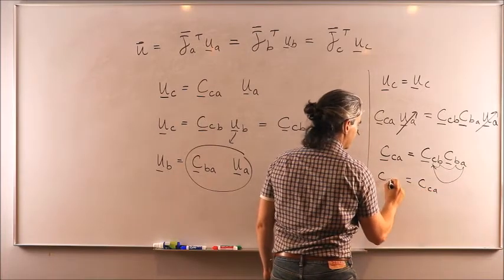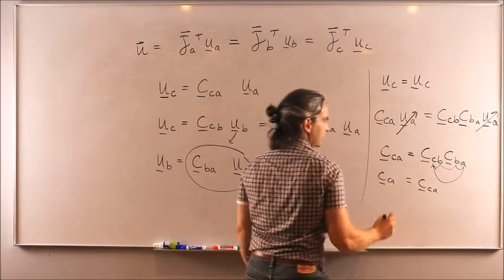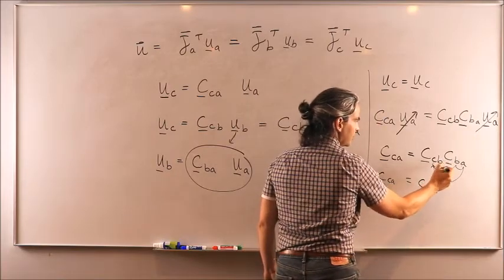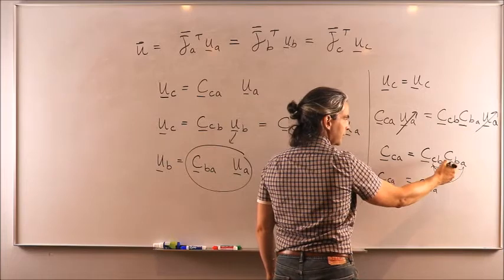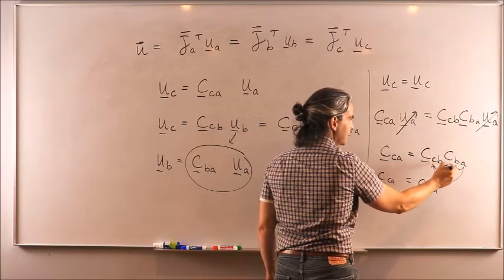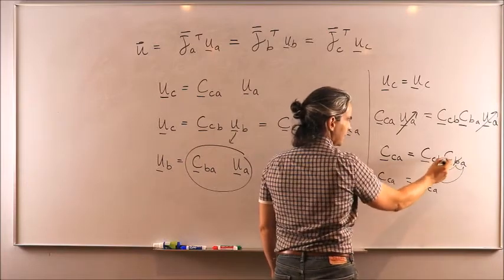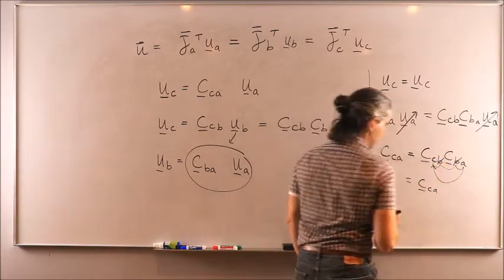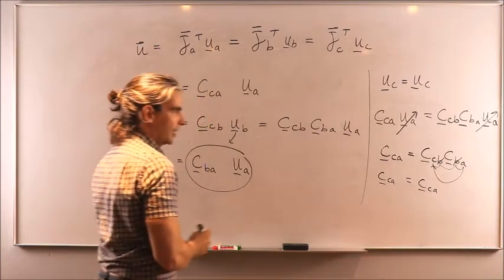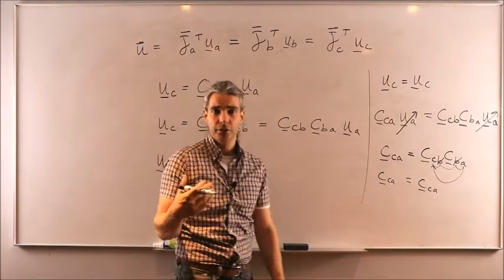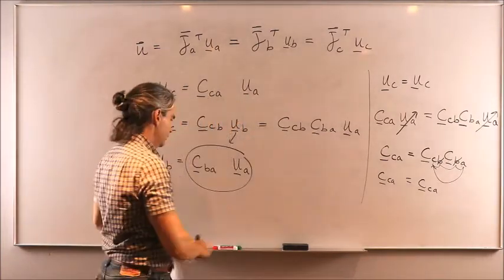Essentially, a way that I like to think about it is to cancel out the subscripts that are identical. When you multiply rotation matrices, you have CB, BA, the B's are identical, you can cancel them out, and that leaves you with CCA, like that. And you can concatenate as many rotation matrices as you want, there's no limit to it.